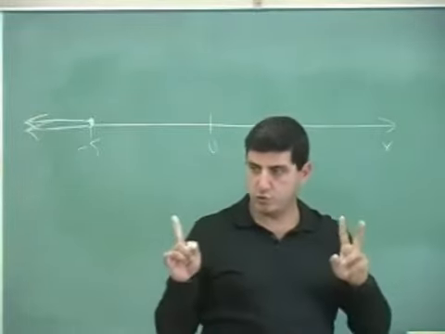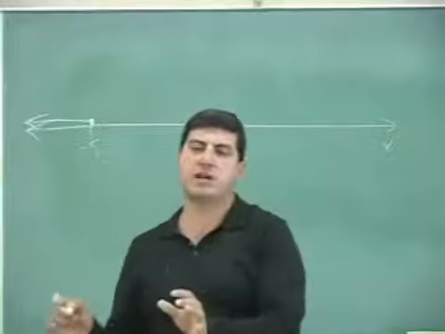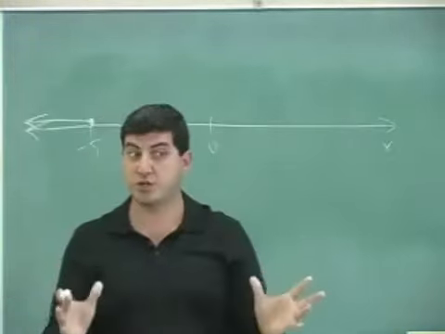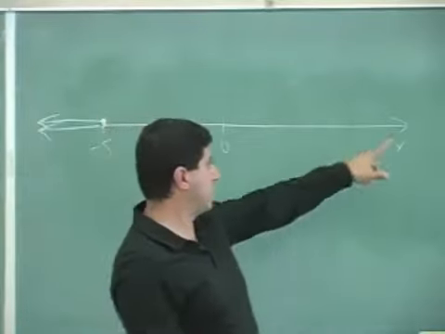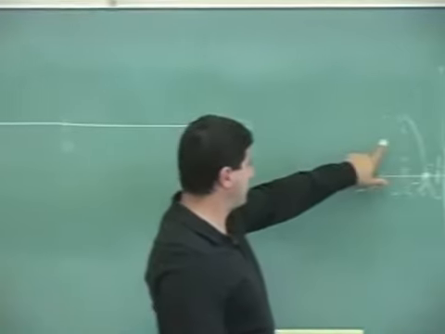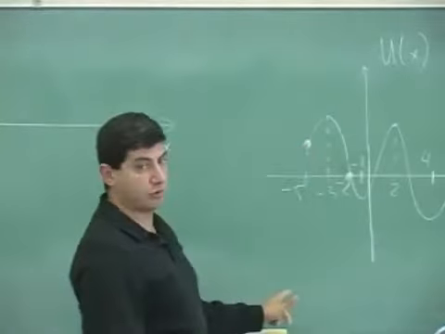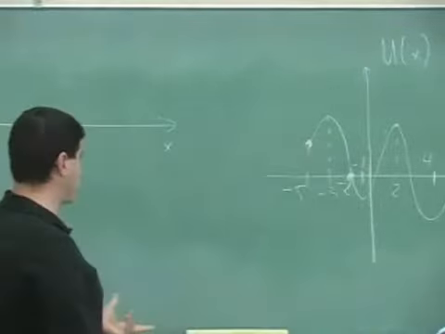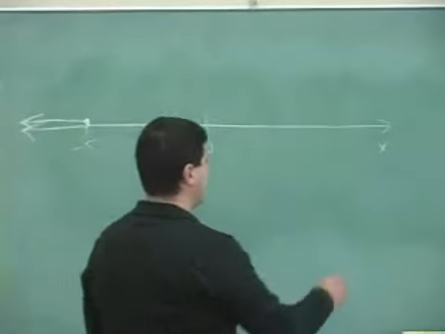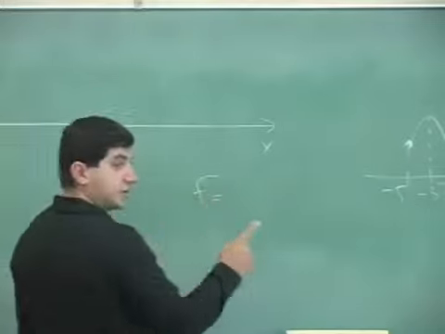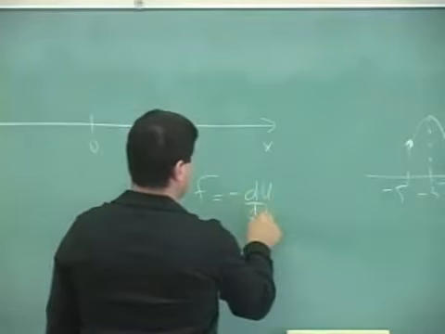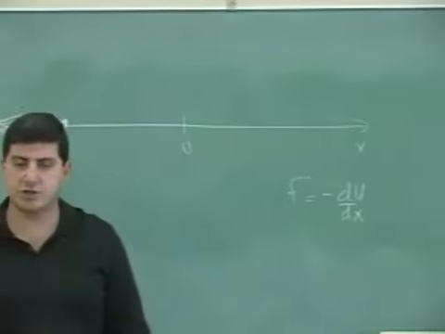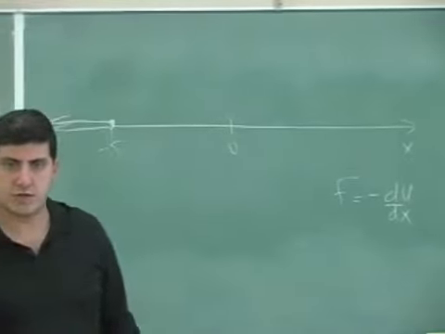So there's two ways of answering what happens to an object which is placed in the potential energy field, okay? One is to imagine the object placed on that hill like a ball, and then it would roll down. The other way to answer it is to say the force that the object feels is negative the derivative of the potential energy function. Okay?